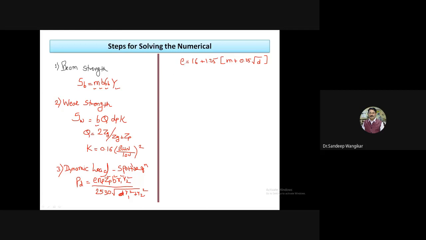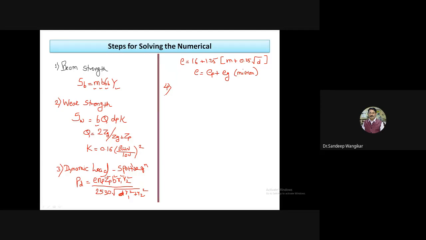I will calculate for gear, EG, putting DG here. And finally, E is equal to EP plus EG. This answer will be in microns. Convert it into millimeters before substituting in the main formula. Then only your answer will be right. Otherwise, there will be a difference of 10 raised to minus 3. So you will get PD, the dynamic load, by using Buckingham's equation.